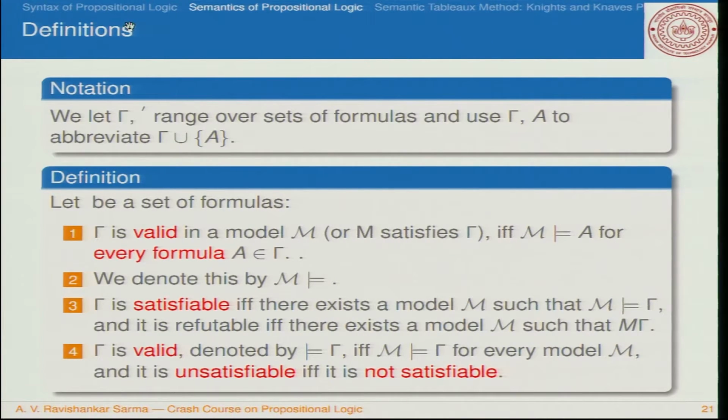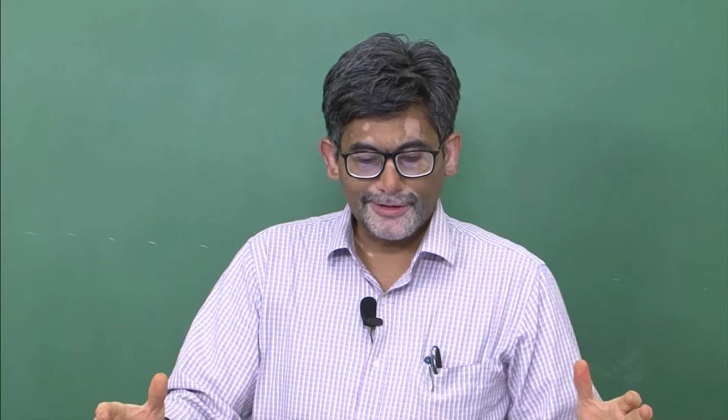If under all interpretations a given formula is true, then it is considered to be a tautology, and all tautologies are considered to be valid formulas. So we denote this thing as M, or any other letter. And when do you say that gamma, the set of formulas that we have, is satisfiable?